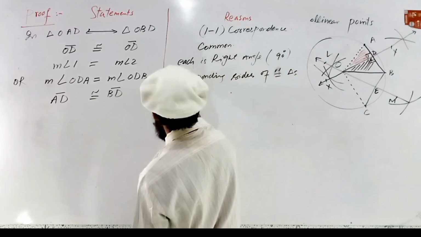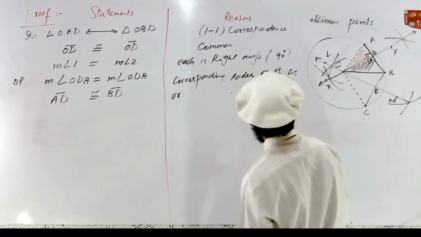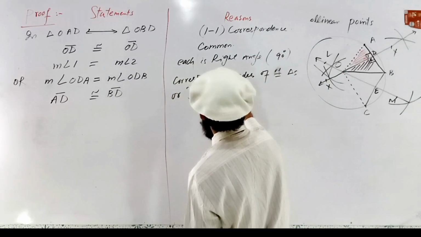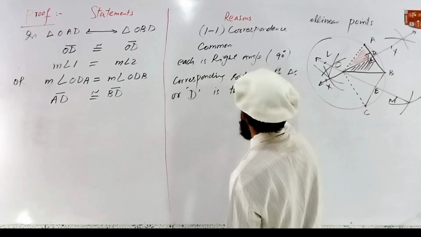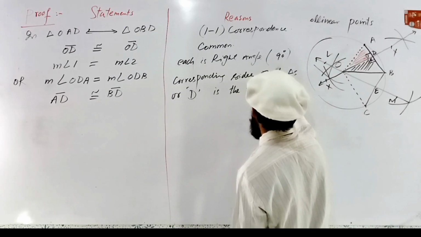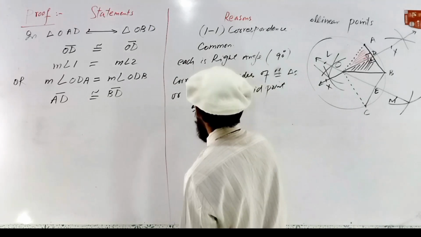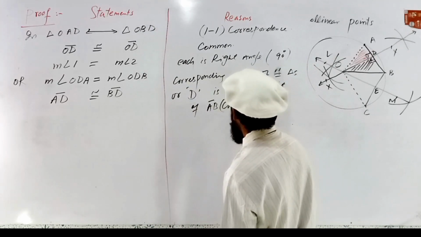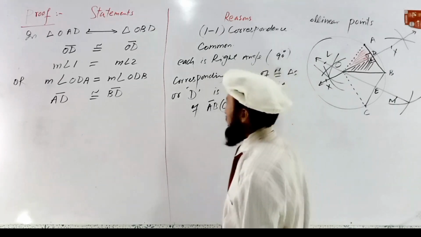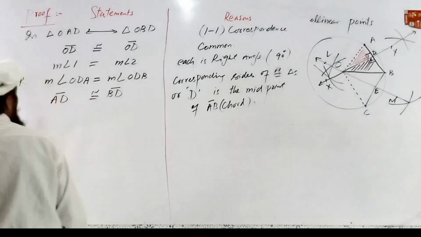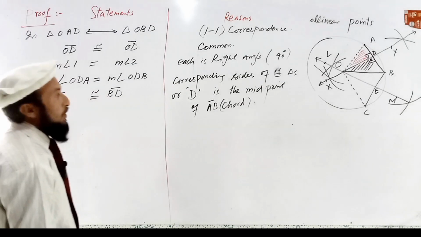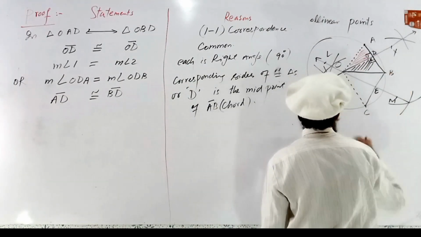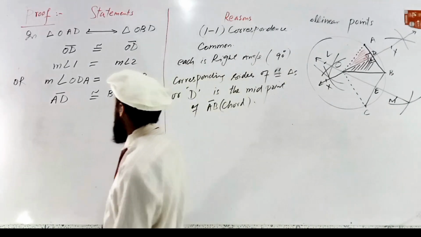Or we can say that D is the midpoint of AB, that is called the chord. Now another point: OA and OB, that is called radius.